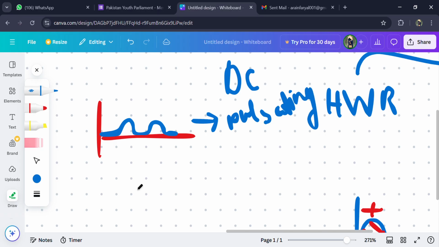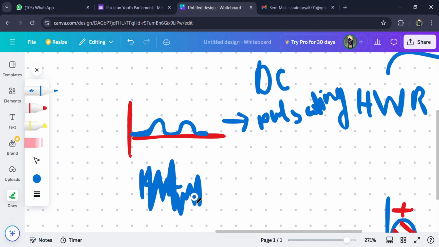Why is it a pulsating wave? Because pulses are being created. What is a pulse? I hope you have seen in most films that our heartbeat goes like this. This up and down is known as the pulse. We usually call it a pulse.